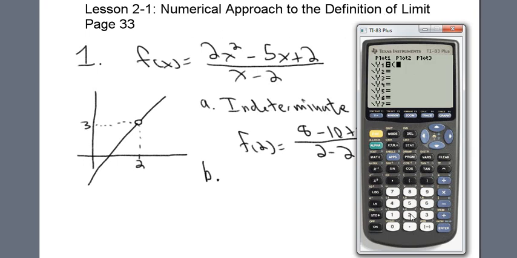So across the top, 2x squared minus 5x plus 2 divided by x minus 2. It says we want to start at 1.997 and we want to count by 0.001.